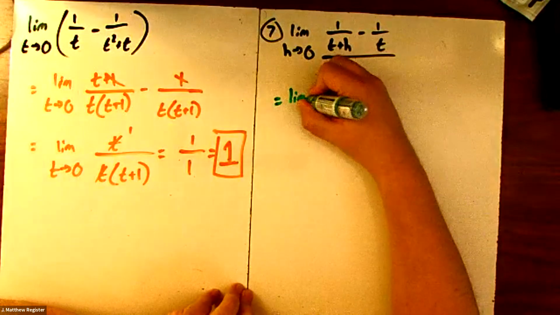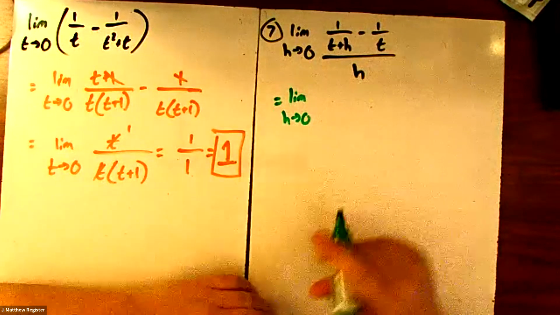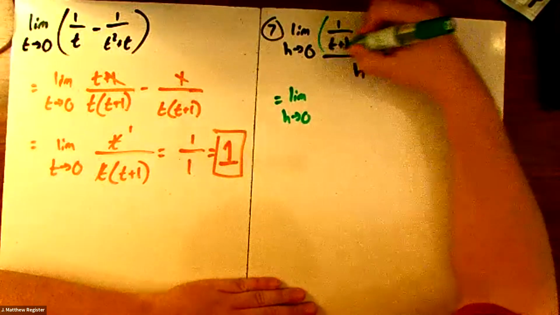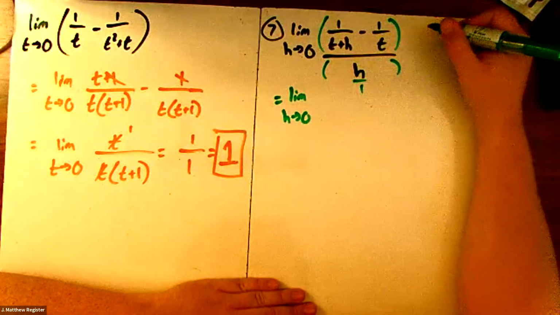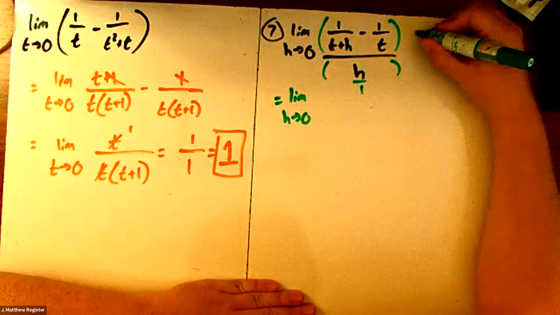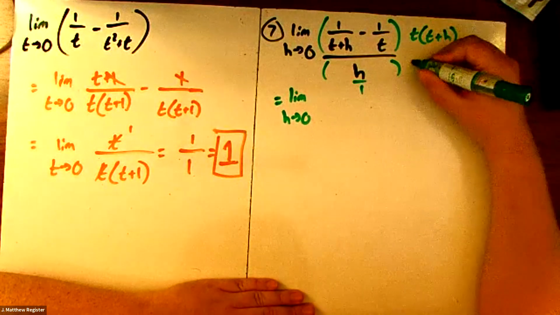So this is limit as h goes to 0. The trick for simplifying a complex fraction is to multiply the numerator and the denominator by the common denominator. The common denominator in this case is t times t plus h.